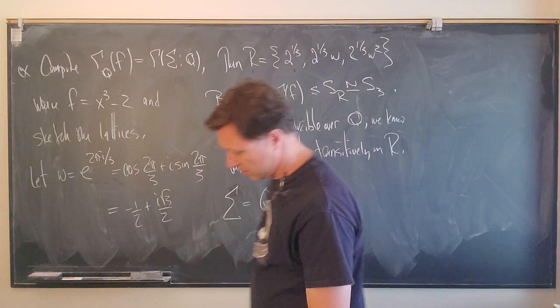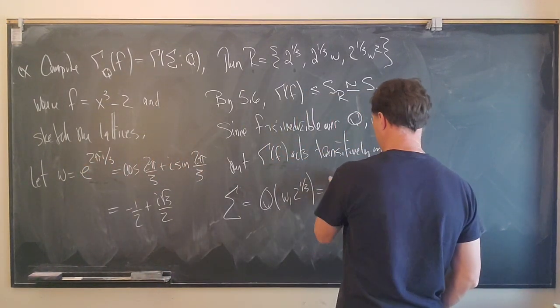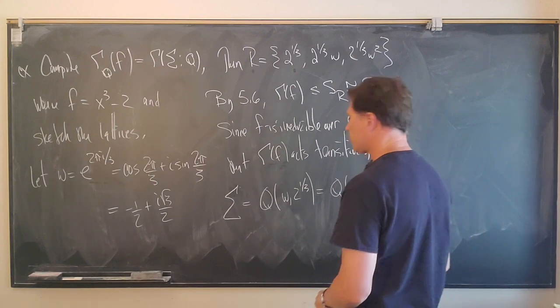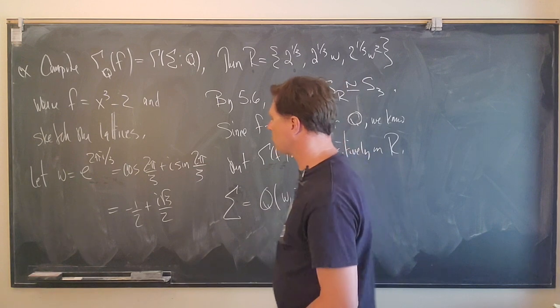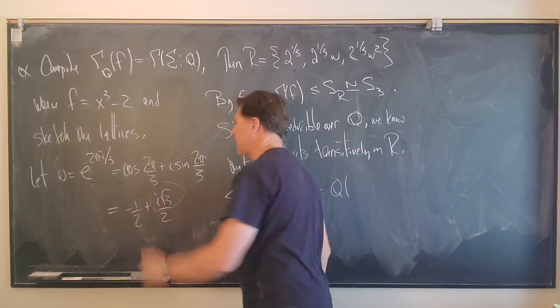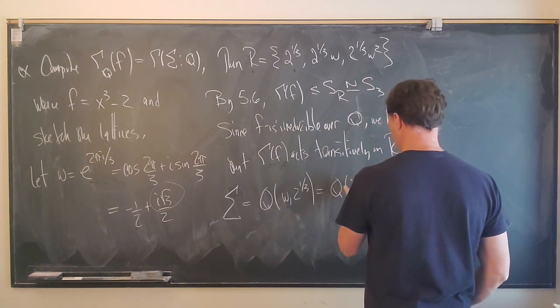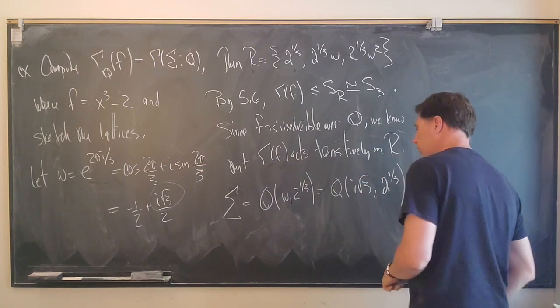But if we look at omega, it's 1/2 plus i root 3 over 2, so really all we need to do is get the i root 3 in there. So it's equal to Q adjoin i root 3 combined with 2 to the 1/3.